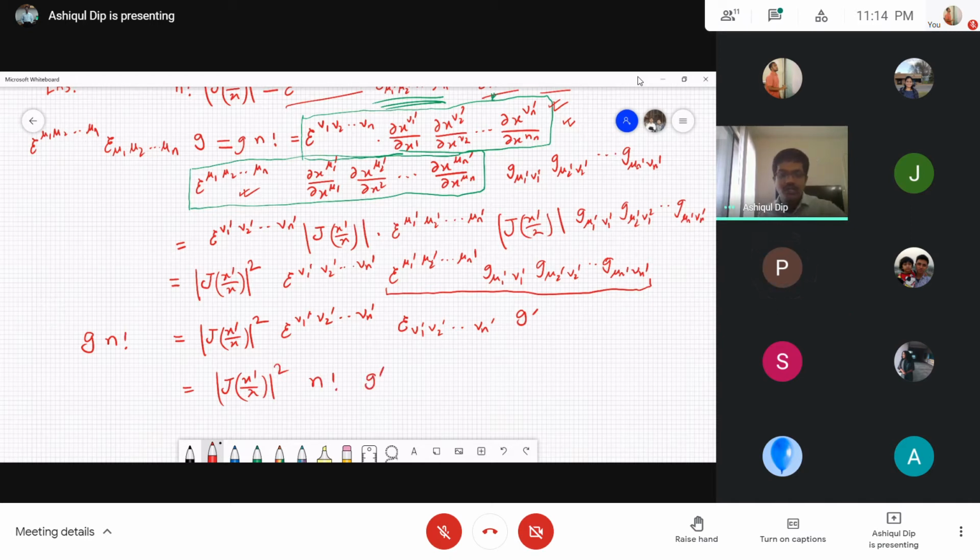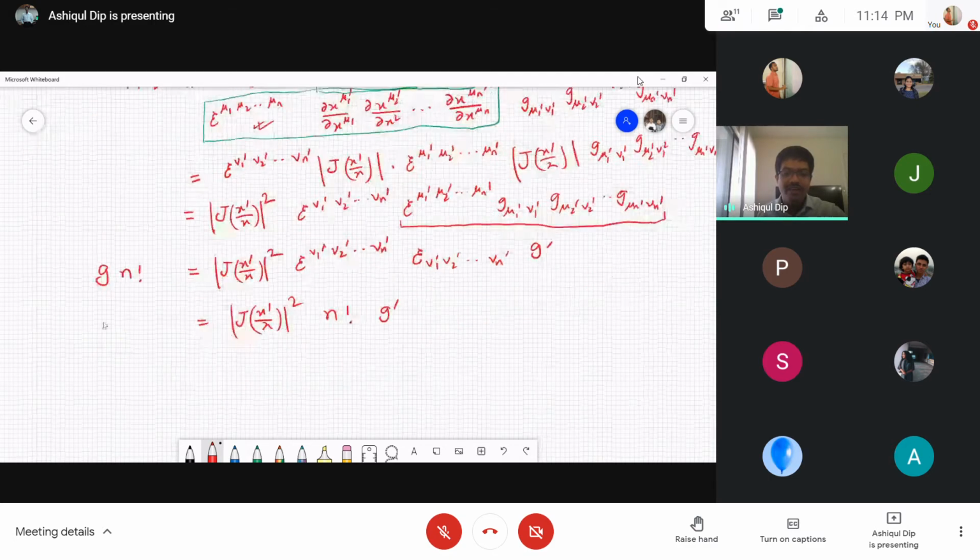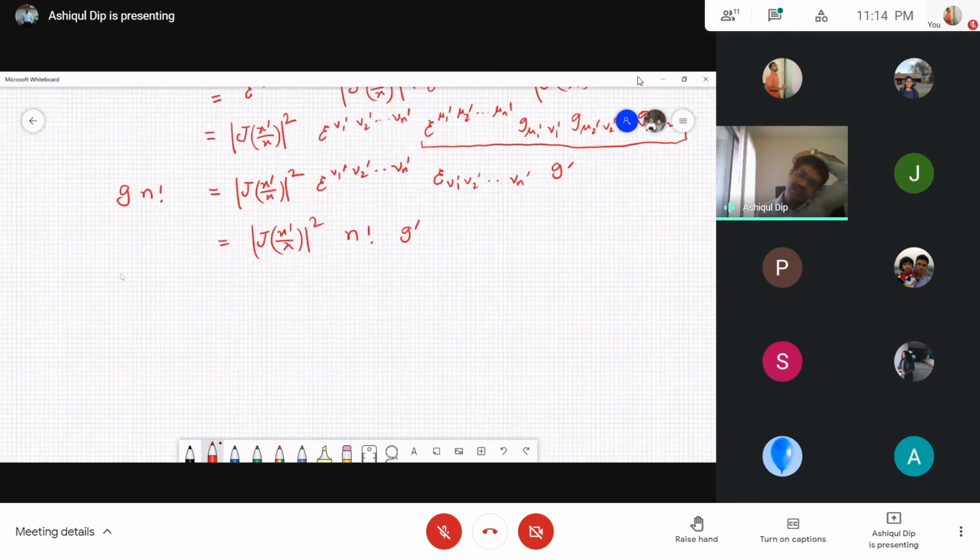So finally we have our relation between the metric tensor of the transformed coordinate and the old coordinate, with the Jacobian, like the determinant of the metric and Jacobian. Those are related by this relation: G by G prime equals J of this, right?